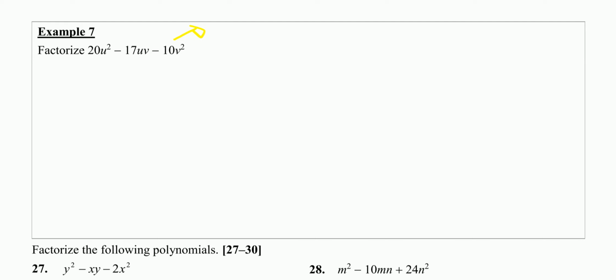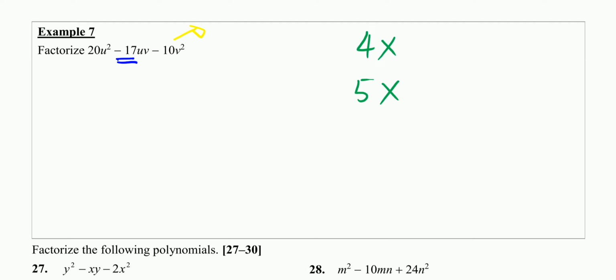And as you can see, the coefficient of the term uv is negative 17, and so I will try to get some middle factor first. So in here we will have 4x and 5x, and we should try to calculate something, and the final answer should be negative 17.